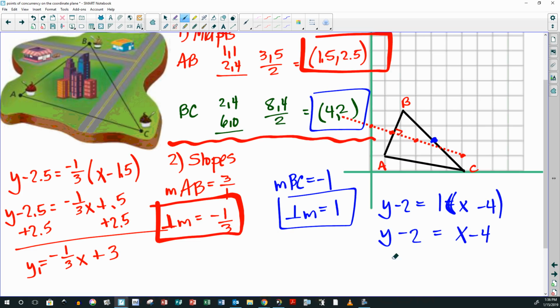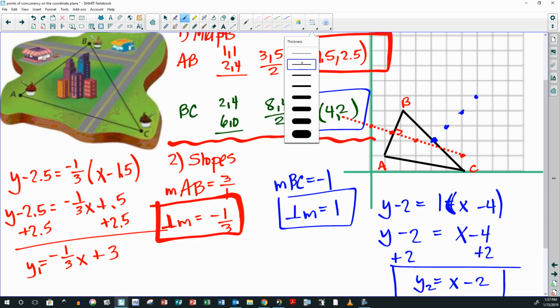So I'm going to add 2 to both sides. So y is x minus 2. So there's my second perpendicular bisector. So from here, I'm going to use the slope rise 1, run 1. So rise, run, rise, run, rise, run, and then I can draw my line.